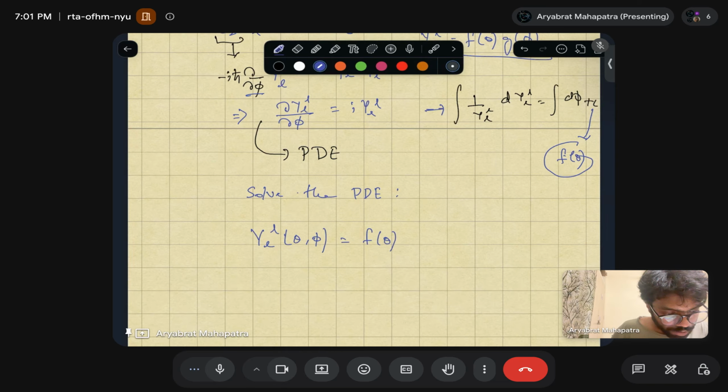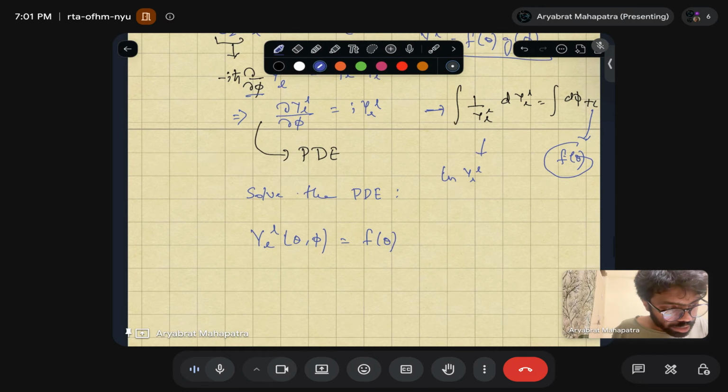If you solve this, you will find the logarithm of Y_l^l equals i l phi, sorry, there is the i as well, plus f of theta.